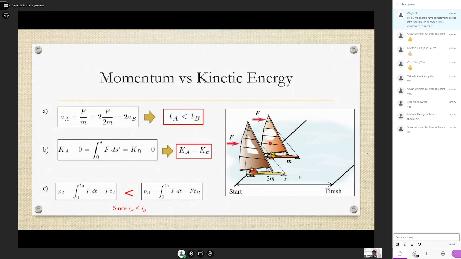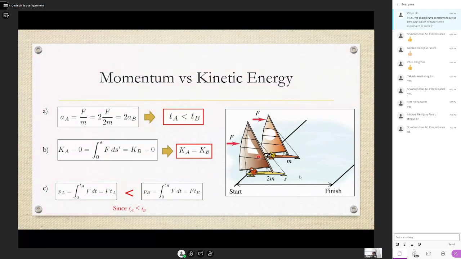So how to compare the kinetic energy? We know the force applied is F. From the energy concept, whatever work is done by this force will get converted to kinetic energy. Correct? The work supplied by this F into this system will all go into the kinetic energy of this system.